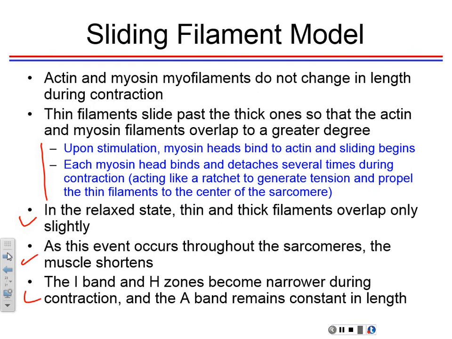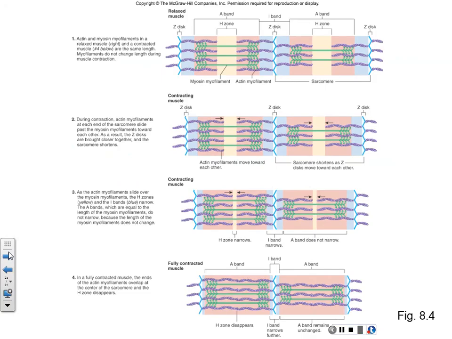Okay. So those are the only things you need to know about. And like I said, this is showing you the degree of overlap is getting higher and higher. It gets greater and greater until here, when you see a slight overlap between the actin and the myosin, and the muscle is fully contracted.